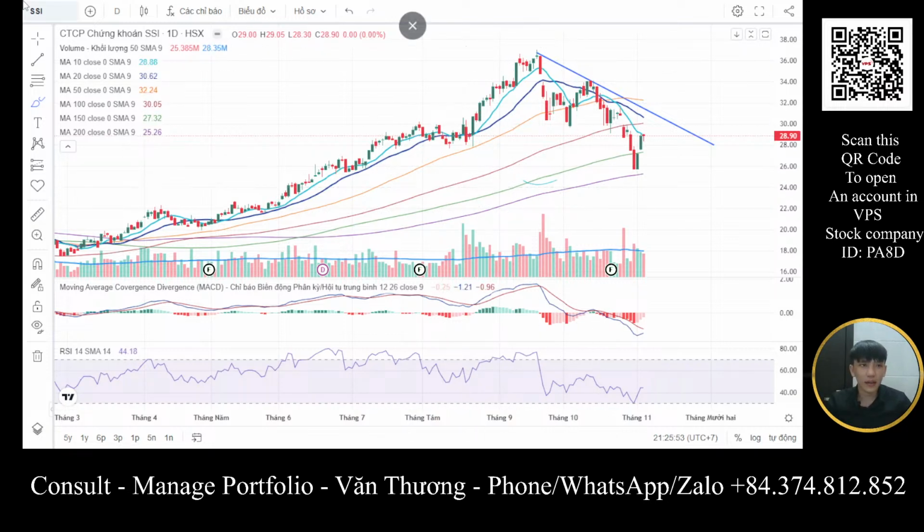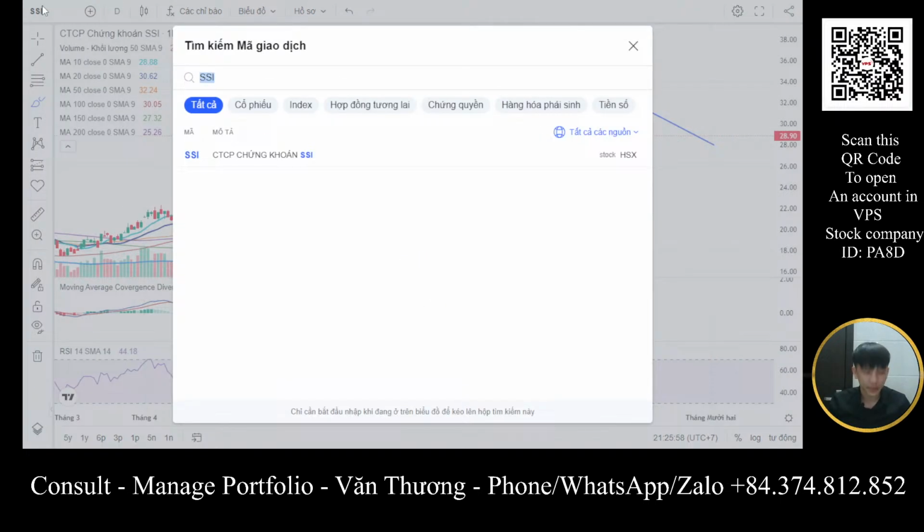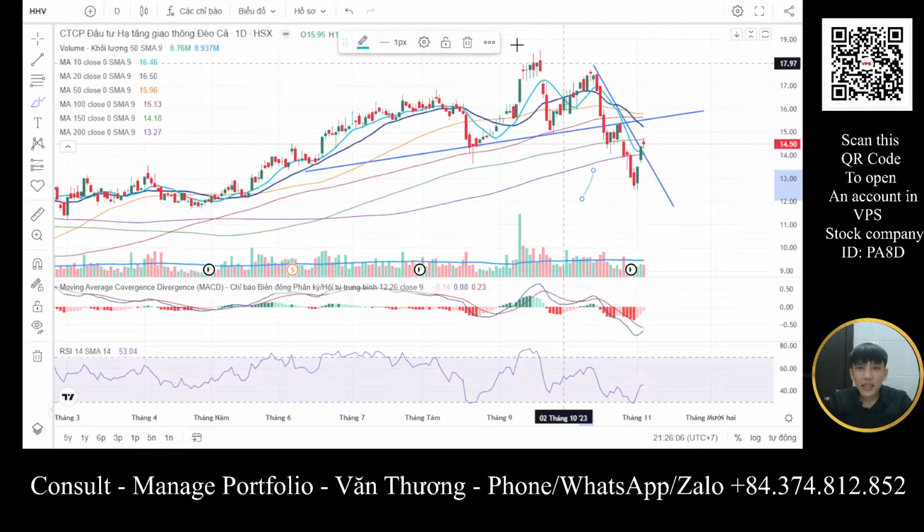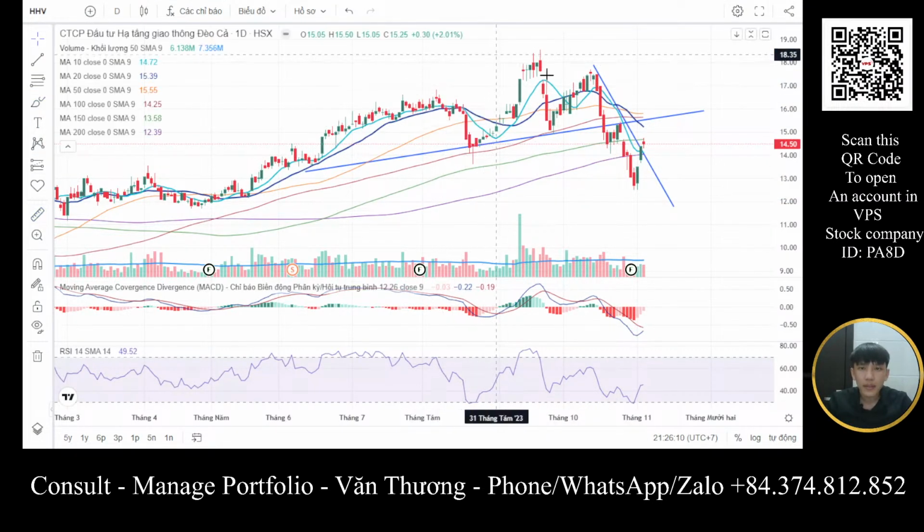Another sector is materials and construction. Construction is HSV. Sorry, this stock is in a downtrend as well, right? Right now I don't see any stock that can lead the market.